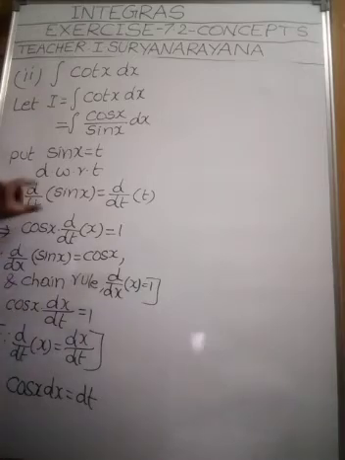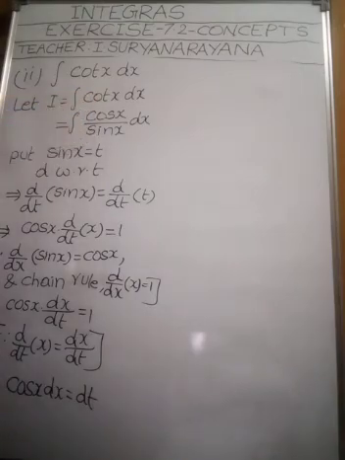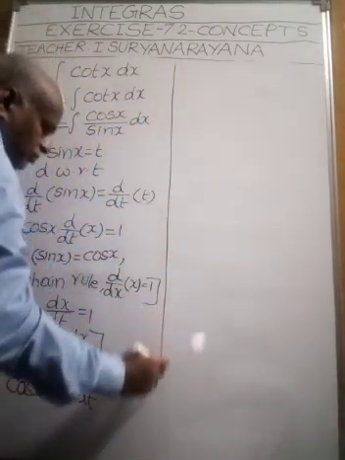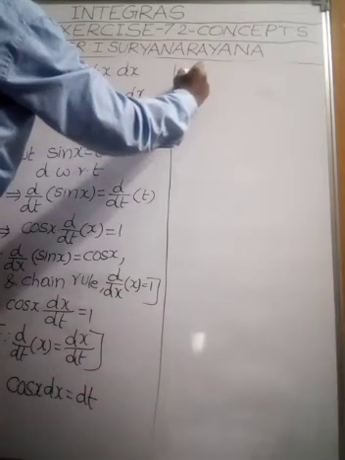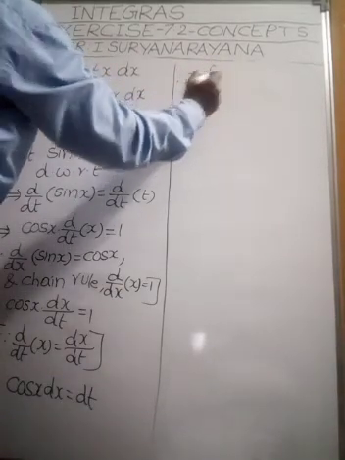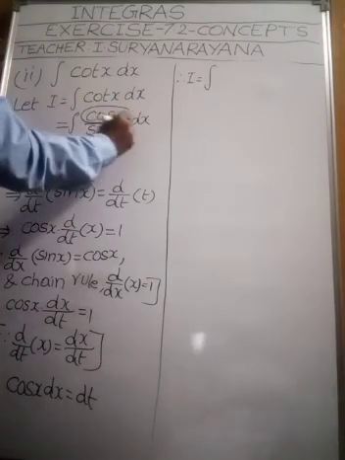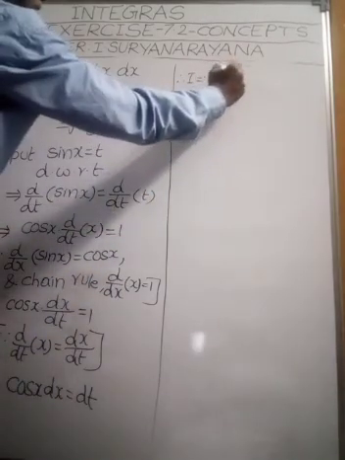Now we substitute this value and this value in the integral, this part. Okay, my dear children? Right. Therefore I is equal to integral cos x dx. Here, what is the value of cos x dx? dt.